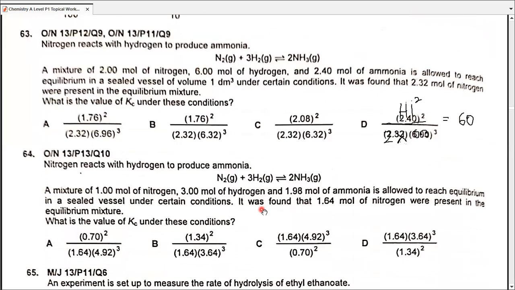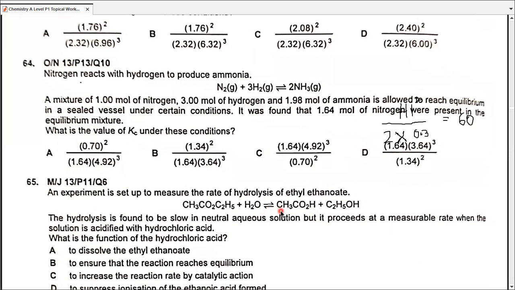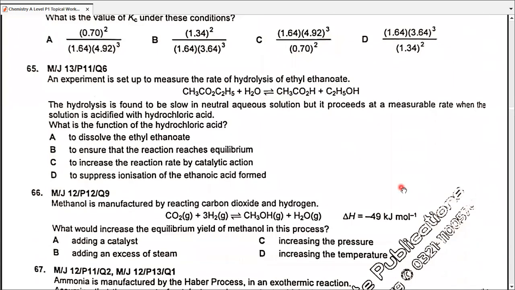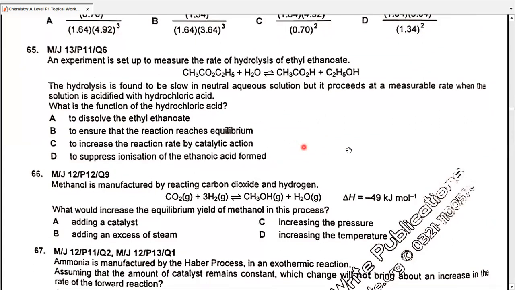We're done with the question like 63, so let's skip it. So are we with 64, 65? Let's go with 65.